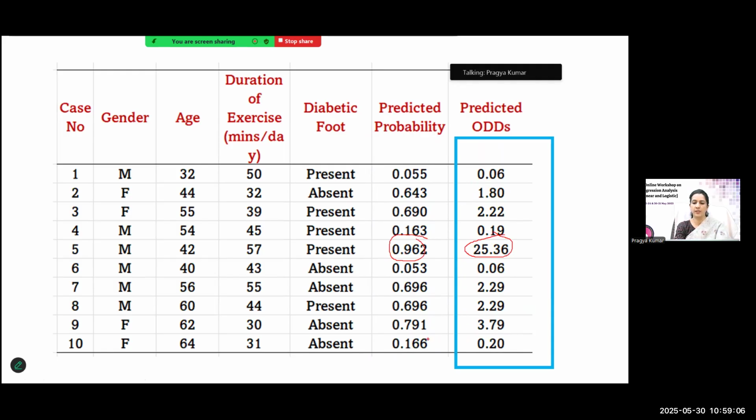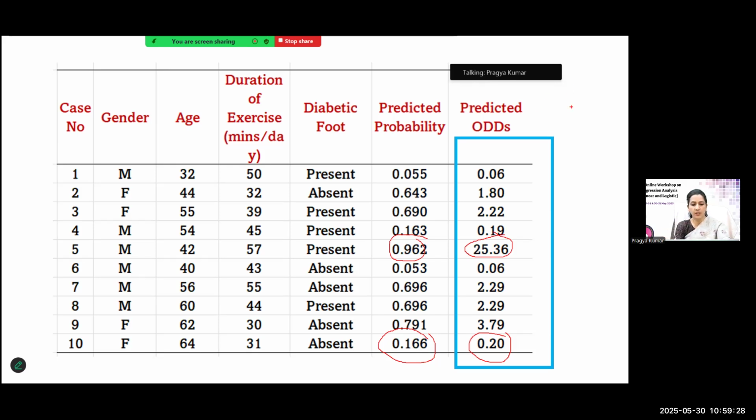And if the predicted probability is 0.1, the odds is 0.2. So odds removes the ceiling effect. Ceiling means the upper value can go. But if you say less than 0, meaning negative, then we'll have to see.